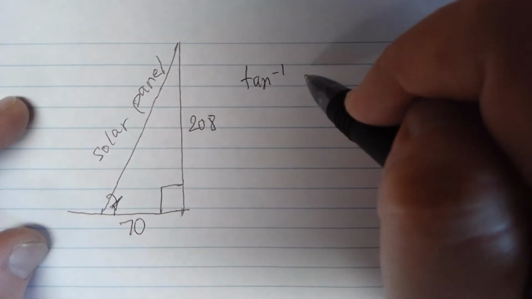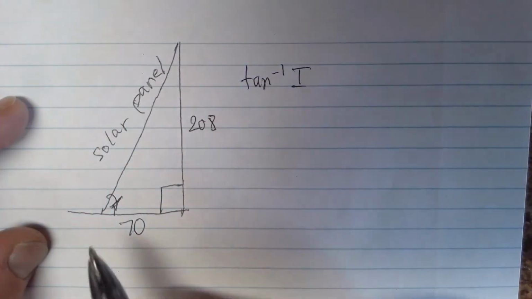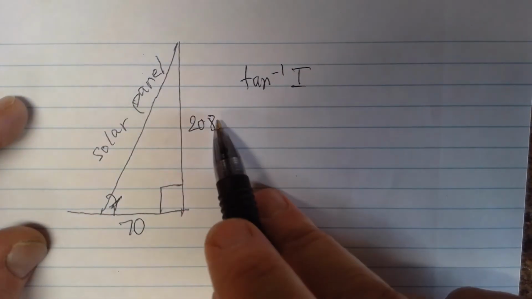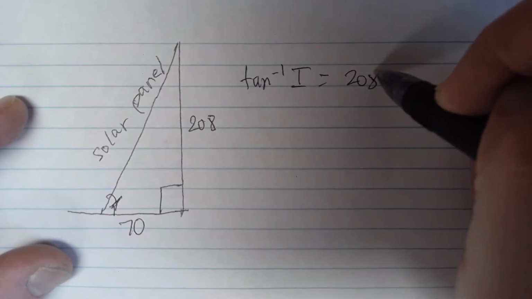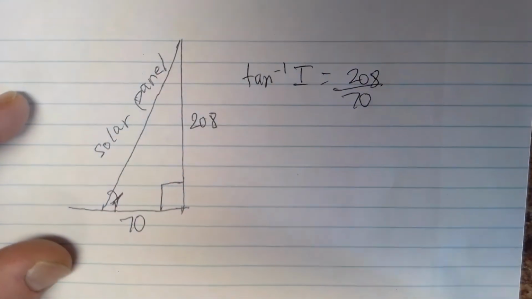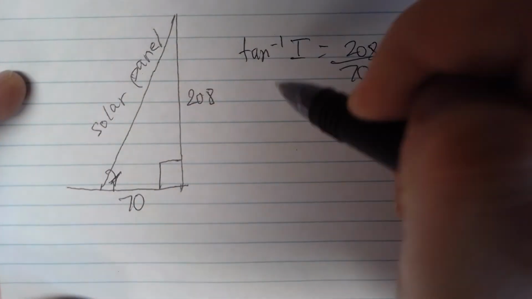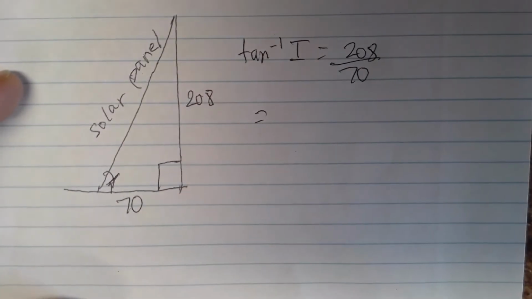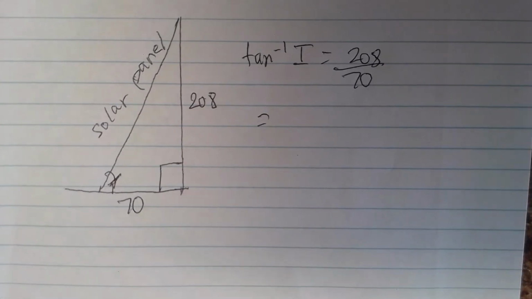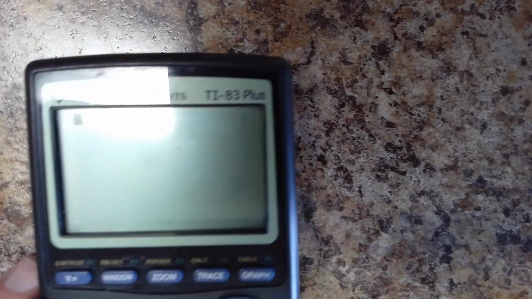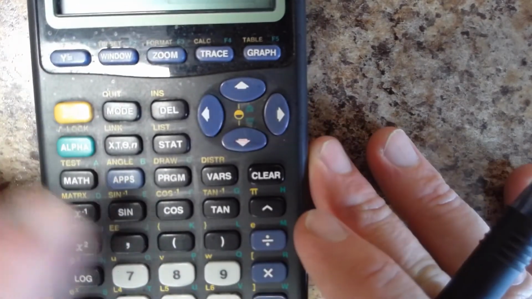Tan inverse I, this angle. Opposite is 208, adjacent is 70, equals 208 over 70. This time I'll show you my calculator screen one more time to make sure that we've got this computed. Hit the second key, hit tangent.